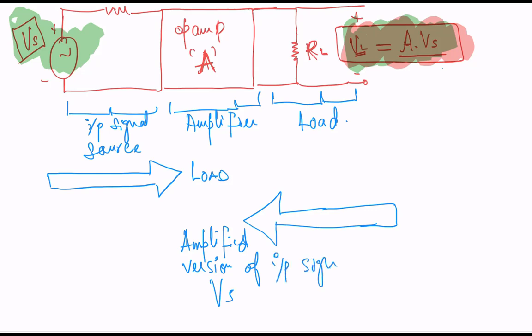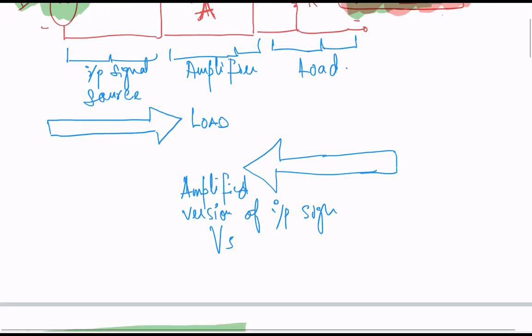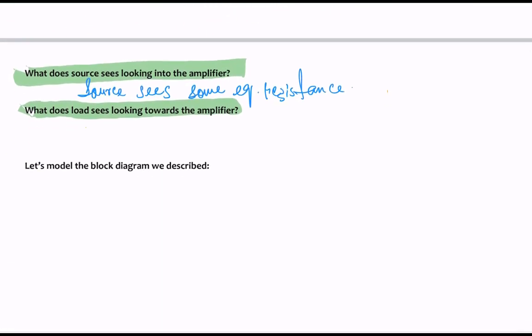So basically it sees some kind of source. So what does the load see? The load sees an equivalent, or you can also say amplified, source.